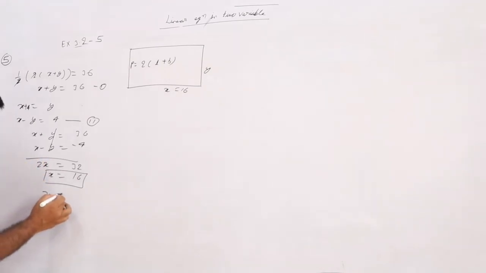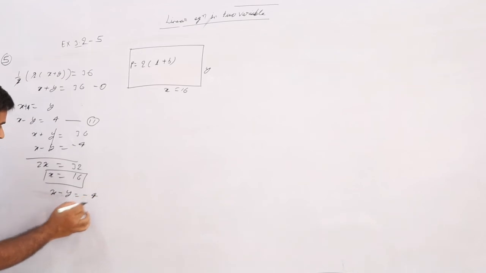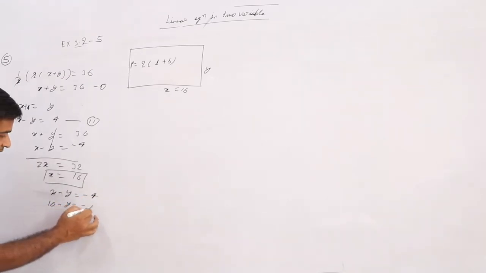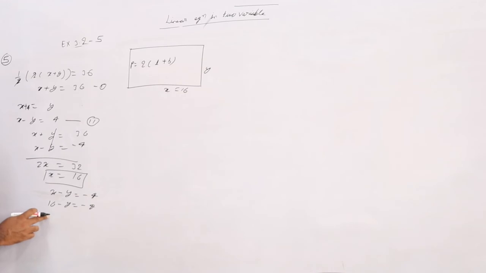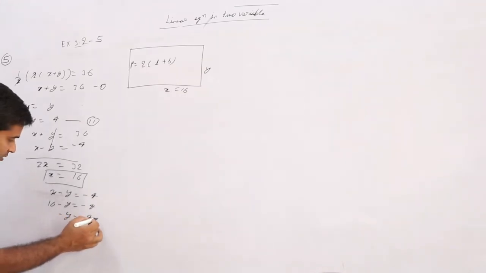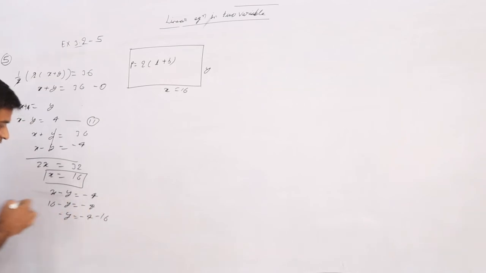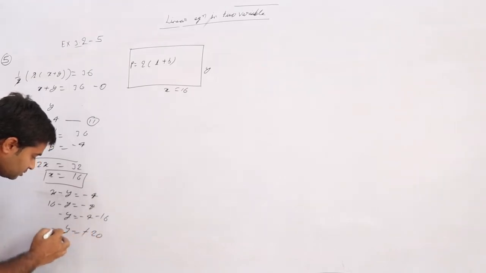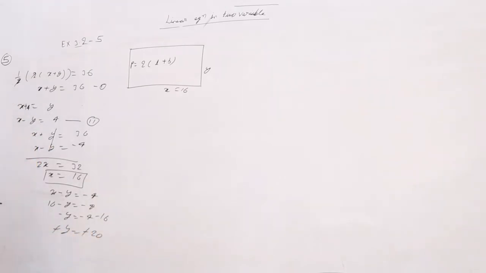So x minus y is equal to minus 4 means 16 minus y is equal to minus 4, because x is equal to 16. Means minus y is equal to minus 4 minus 16, minus y is equal to minus 20. Again we are getting it the wrong way around.